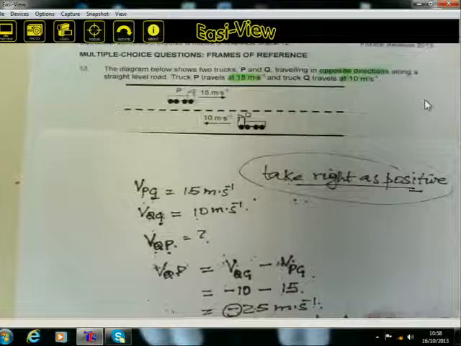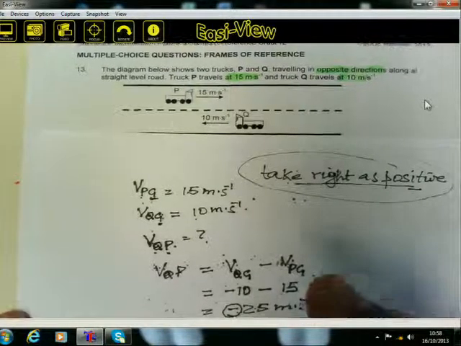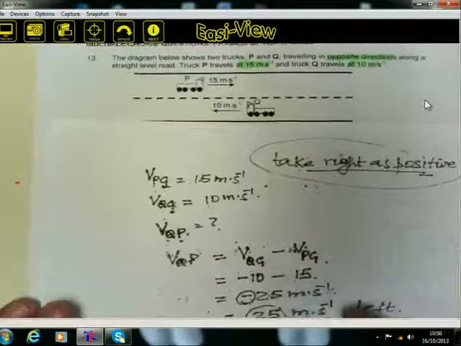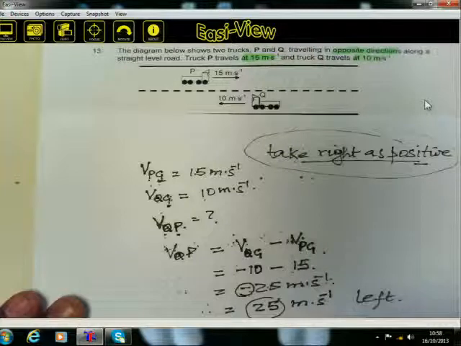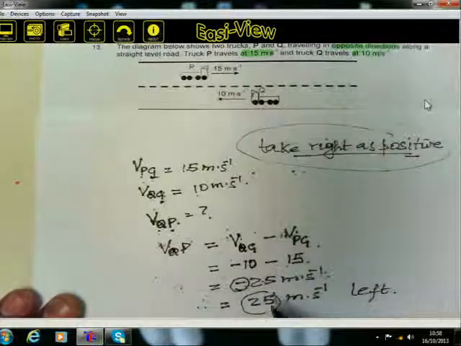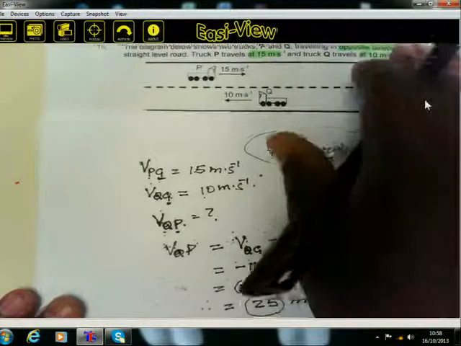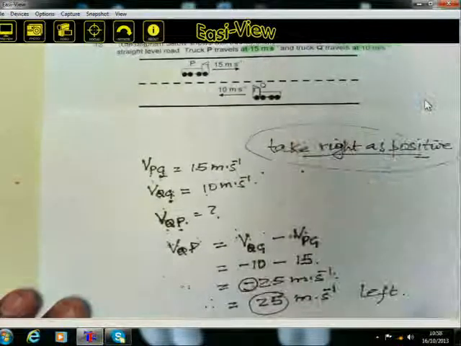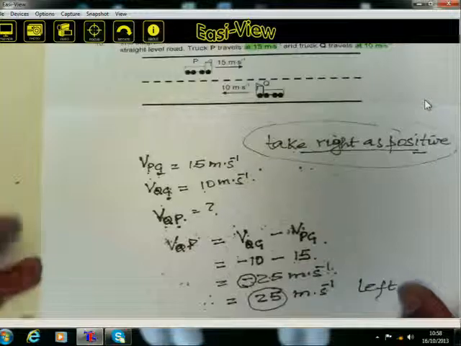In other words, if two objects or two cars are moving towards each other, the magnitude of their relative velocity will be the sum of their velocities with respect to the ground. That can be an easy way of just checking whether you have done that.